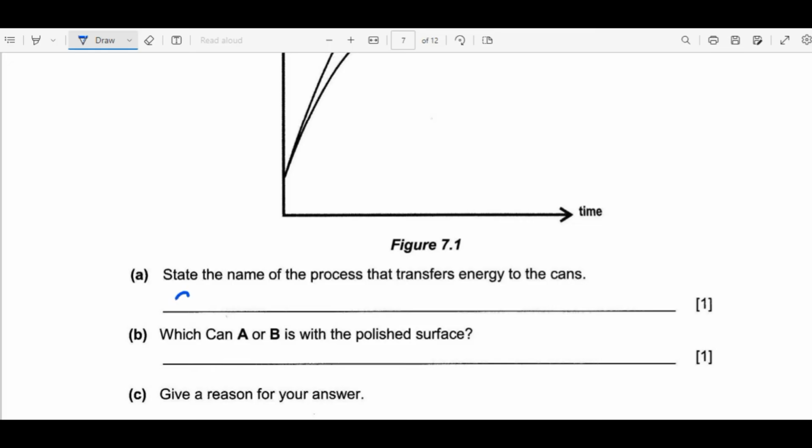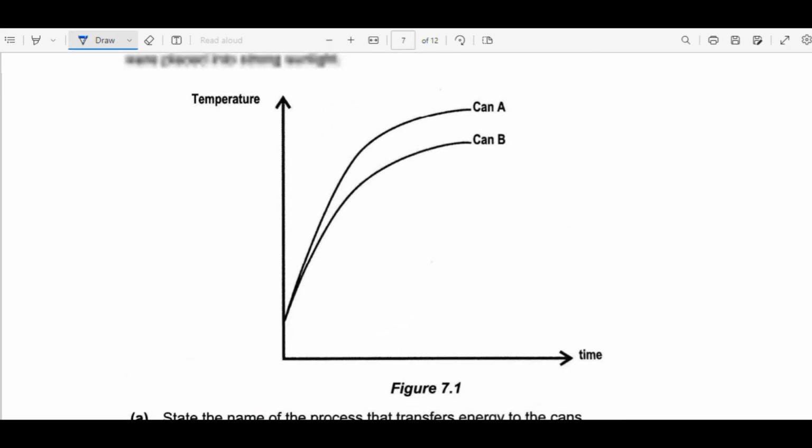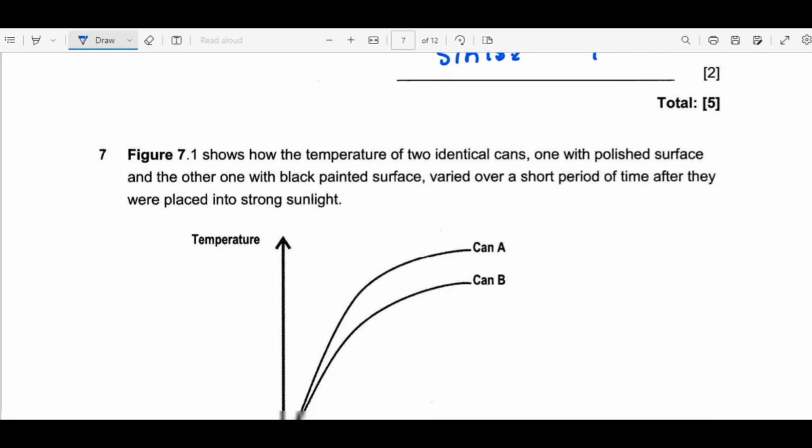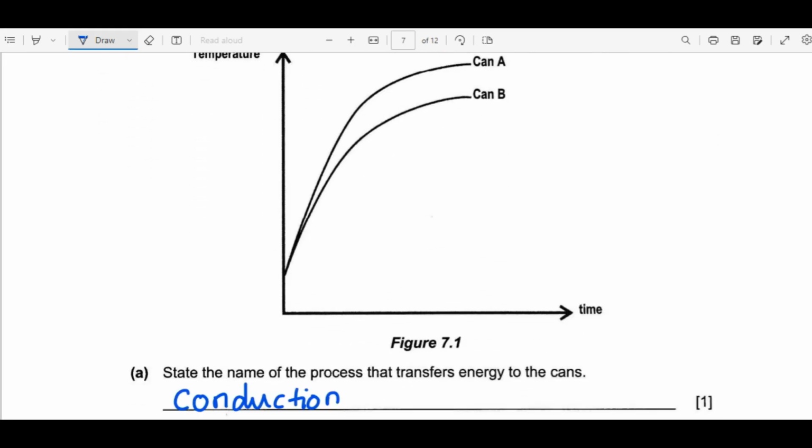So this is conduction, since we are dealing with solids. Which can, A or B, is with the polished surface? The one with the polished surface is this one.